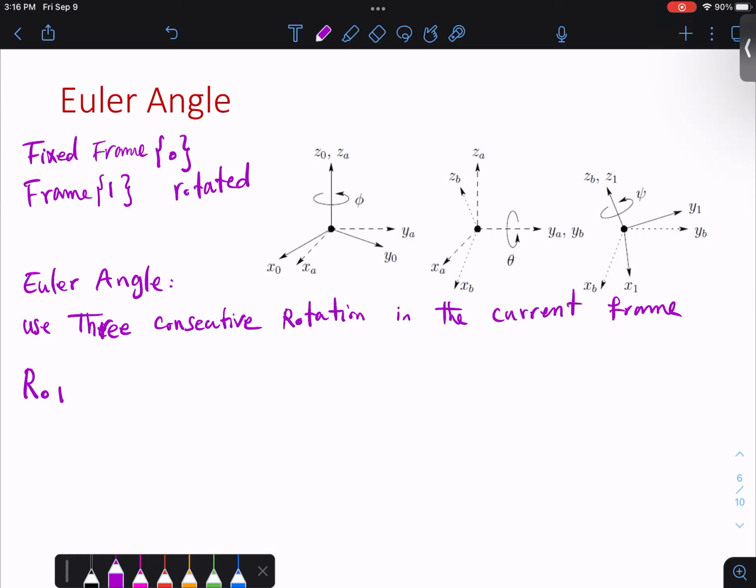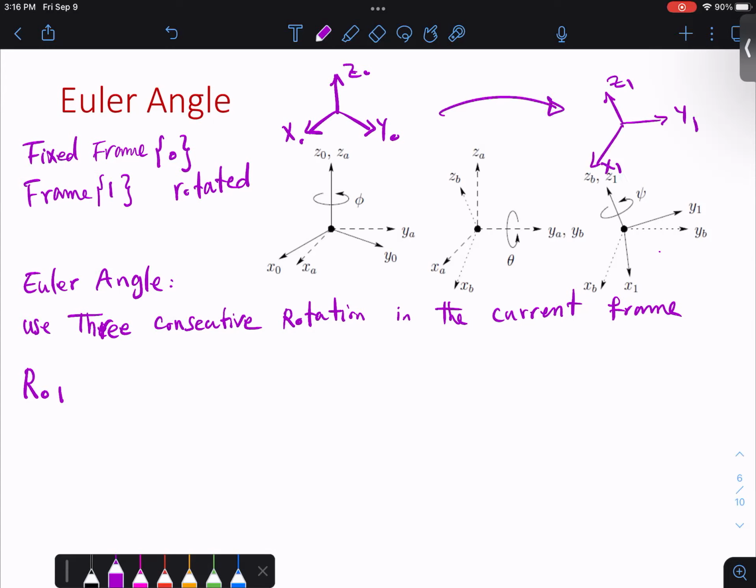So going from this orientation, Z0, X0, and Y0 to this orientation, Z1, Y1, and X1.